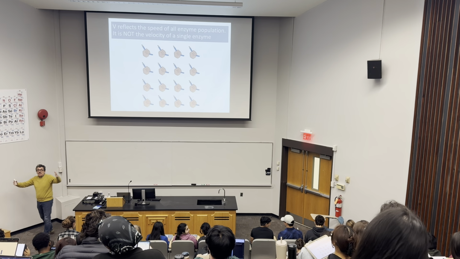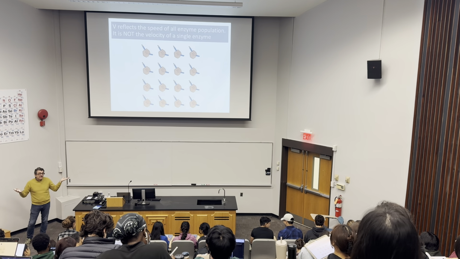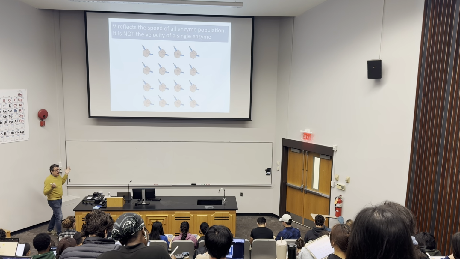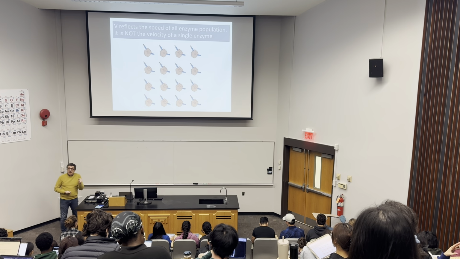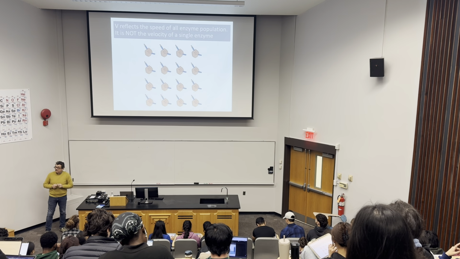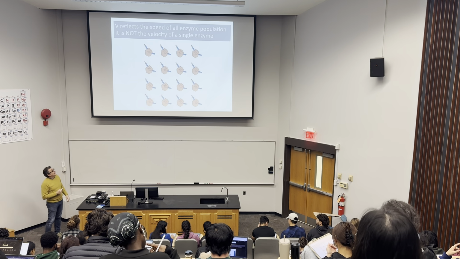And the rate is all the class, how many pencils are broken per second. But if we take one single student, how much he or she will break might be slightly different. That is the rate of only one of you, and that is the Kcat.